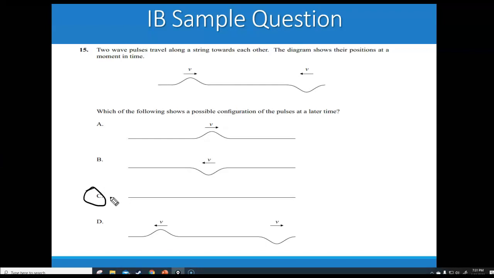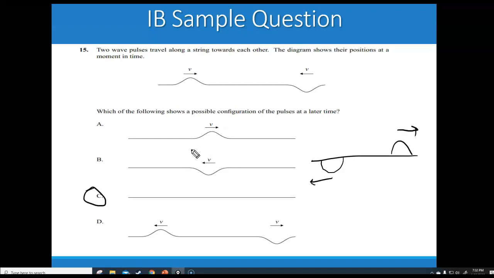The other ones are not possible, and the reason is after the waves pass through each other, this positive pulse up here is going to be on the left side like this, and this negative pulse, once it passes through, is going to be over here. They're just going to pass through each other and then keep on going.